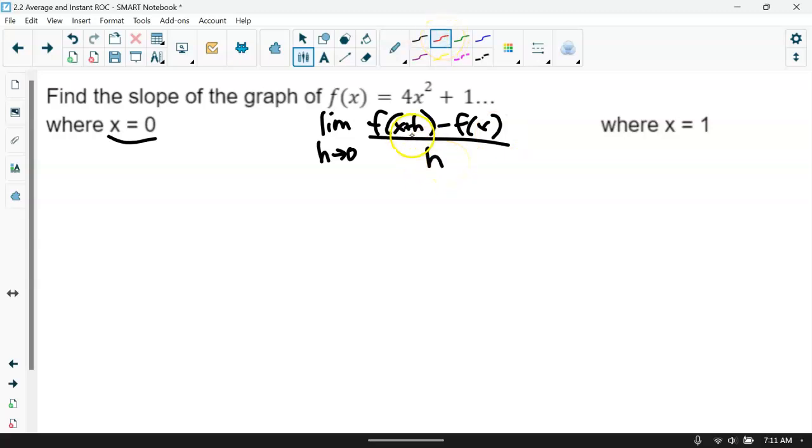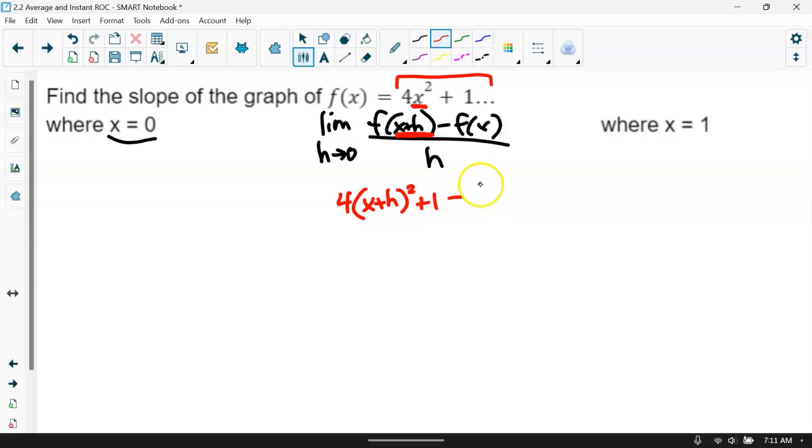So here we need to substitute x plus h in for x. So this is 4 times x plus h squared plus 1. That is our function, the f of x. We just substituted x plus h in for x.